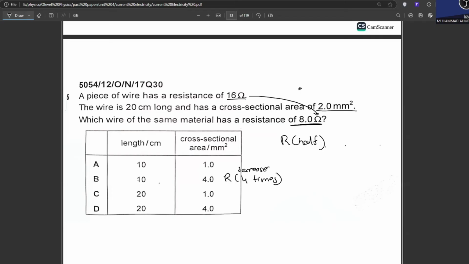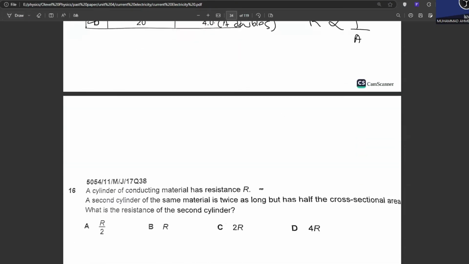If your length remains the same and area halves, your resistance will double. No benefit of that. If your length remains the same and area doubles, what will happen? What have you studied? Resistance is inversely proportional to area. If area doubles, resistance will halve. D is your answer. Perfect. This could be your option.